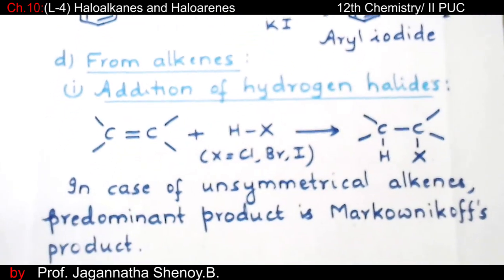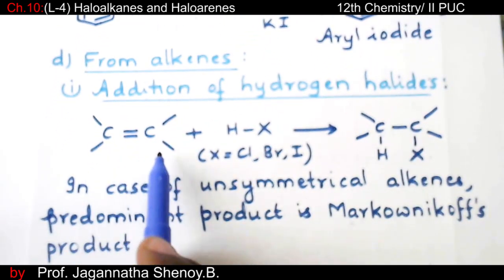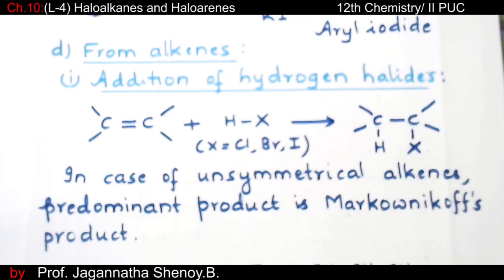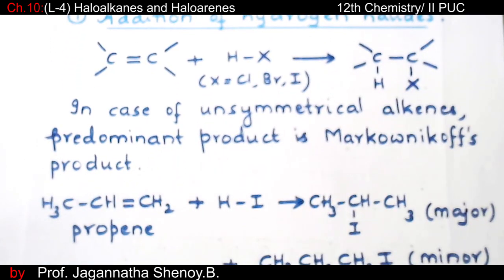Now, if suppose the starting alkene is unsymmetrical, Markovnikov's rule comes into picture and the major product is obtained in accordance with Markovnikov's rule. In order to explain that, I've considered propene. I'll treat it with HI. There are two possibilities. The iodine can go to the central carbon, hydrogen can go to the terminal carbon.